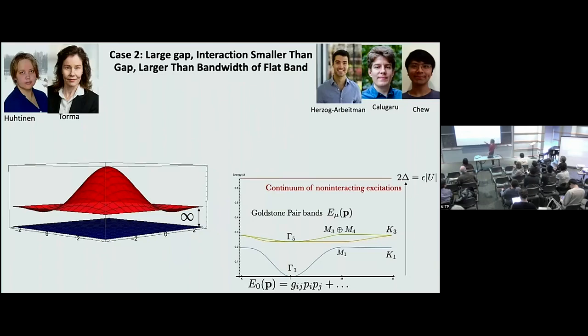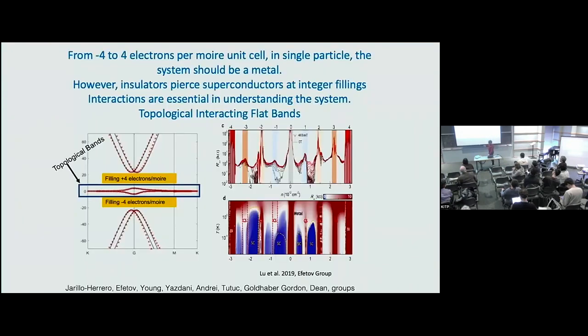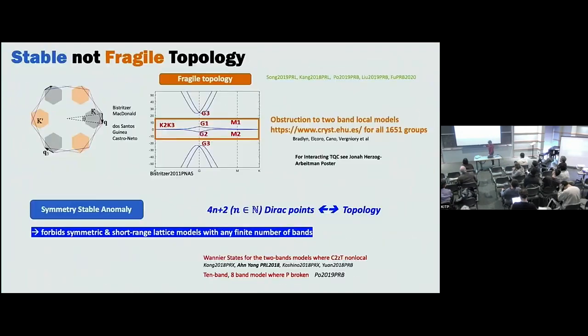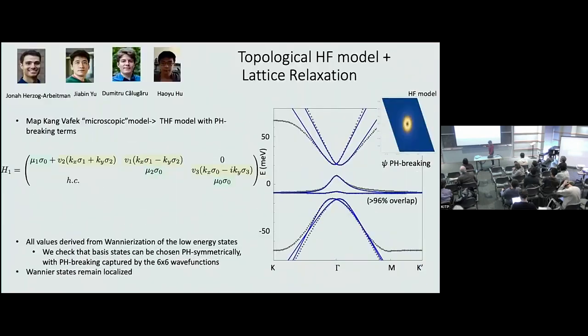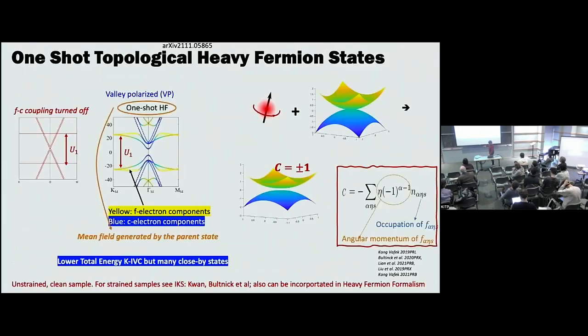So basically, for example, this is the charge 1 excitation above a ferromagnetic state, computed from this heavy fermion model. There are papers where this can also be computed by projection.